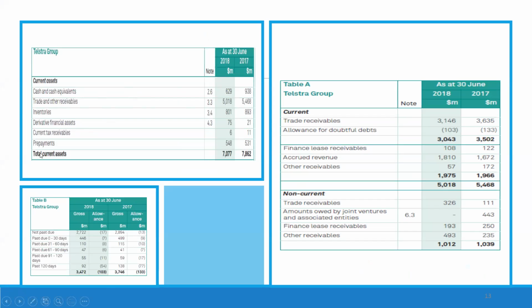And compared to the total current assets, the current receivables is actually over 70% of the total current assets. From that aspect, you could see the receivable account is really important for Telstra's current assets.